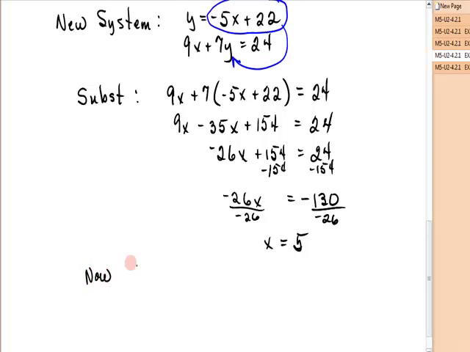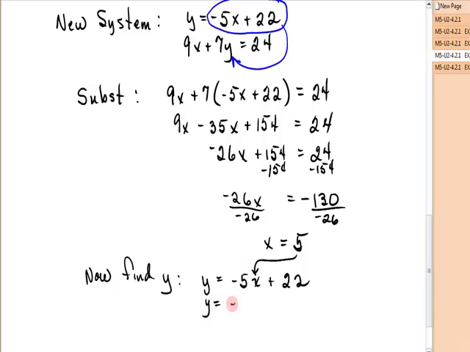So now find y. Go all the way back up. There is an easy equation. You could pick this one to find y, it would just be more work. So I have y is equal to negative 5x plus 22. Plug in.